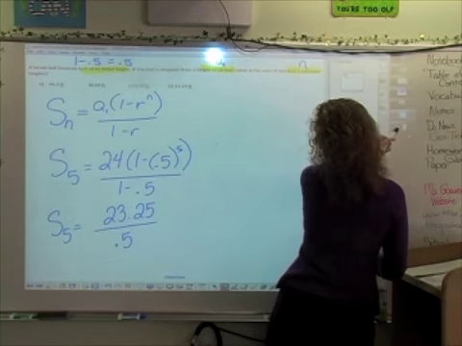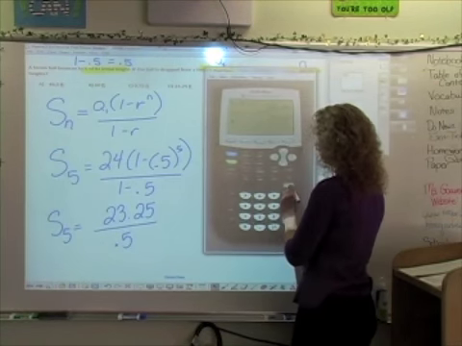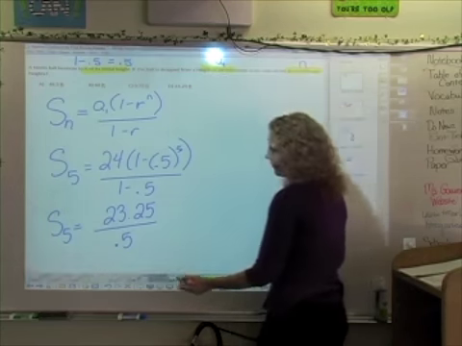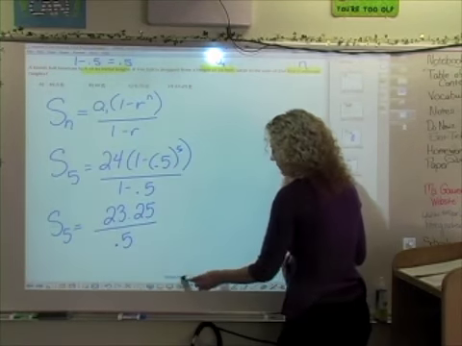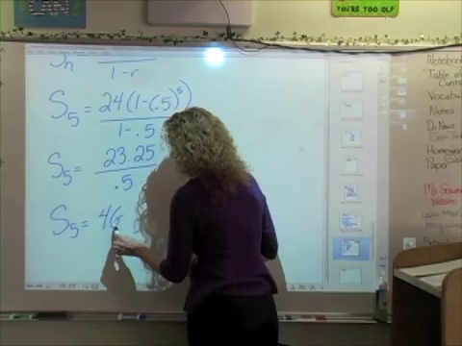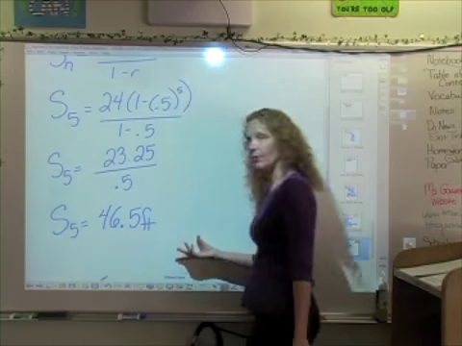So when I divide by 0.5, I get 46.5 feet.